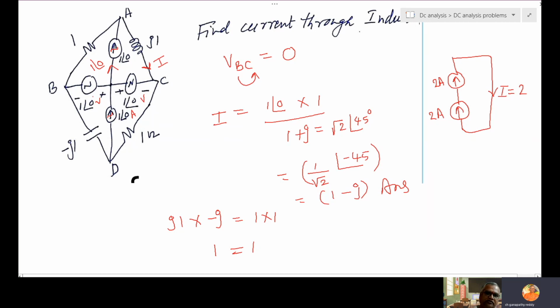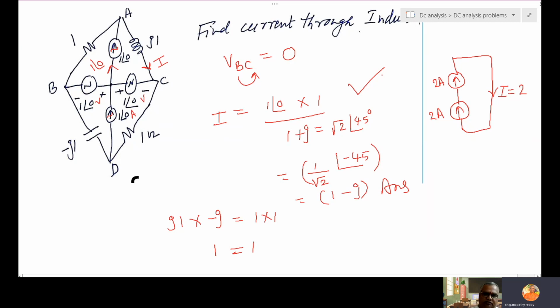When the bridge is balanced, current will not flow. What is the current flow from B to C? 0. So this current will not flow. Here only the current of 1 angle 0 is coming. Accordingly you can also answer, but the best idea is this.